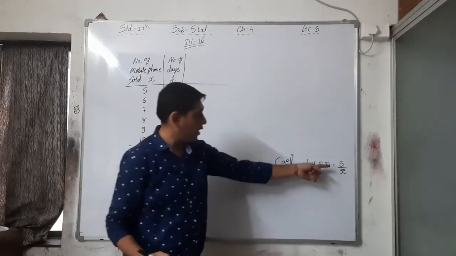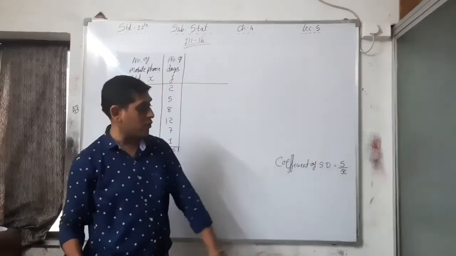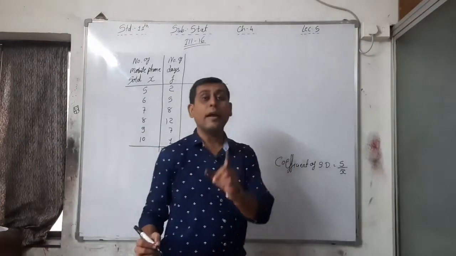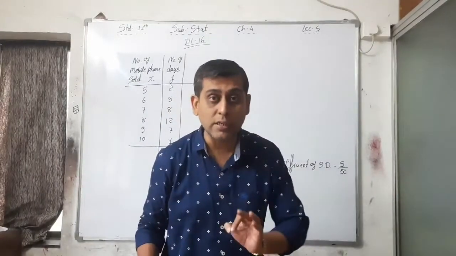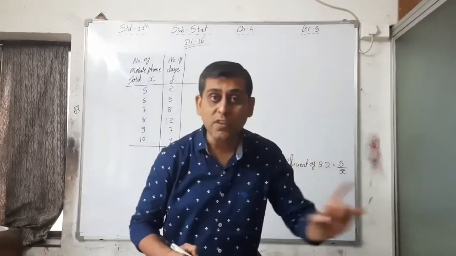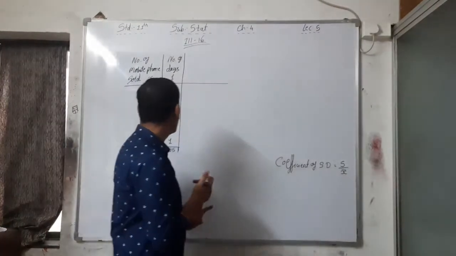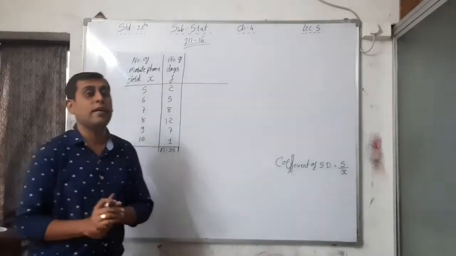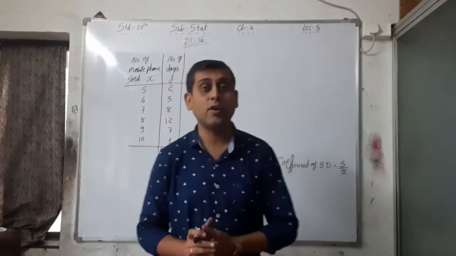So for that we have to find out first s, that is standard deviation, then x bar, and we have to find out these by compulsory shortcut method because it is specifically asked. Okay, so here first of all we have to find out first x bar.